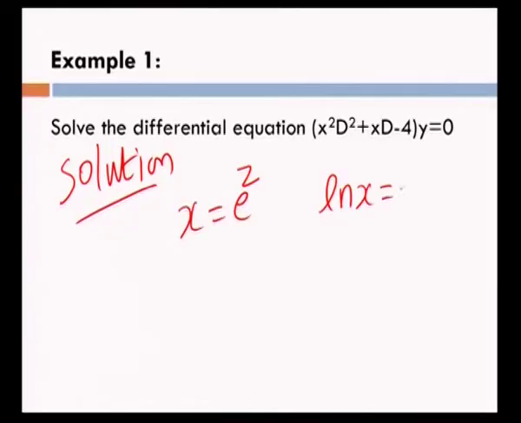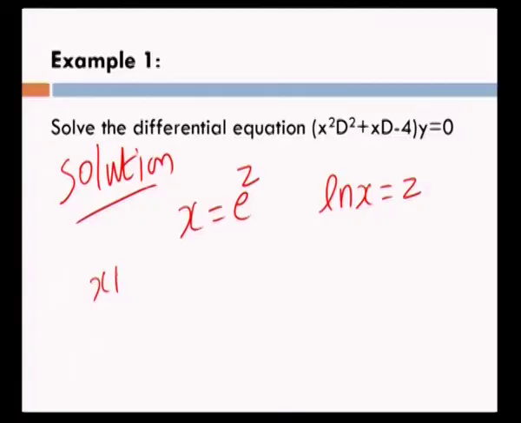So, you will get log x is equal to z. Then in the earlier derivation we have learnt xd is equal to d1, then x square d square is equal to d1 into d1 minus 1.